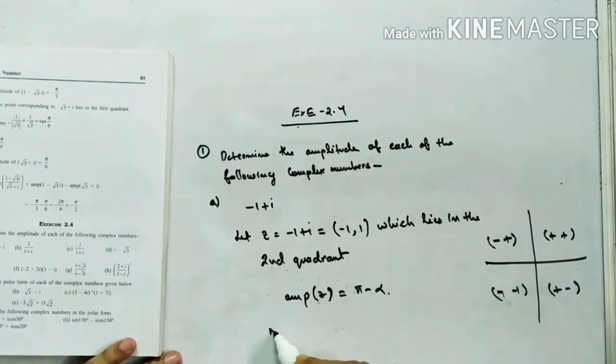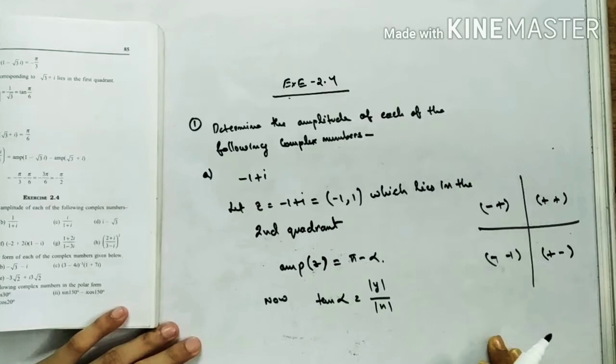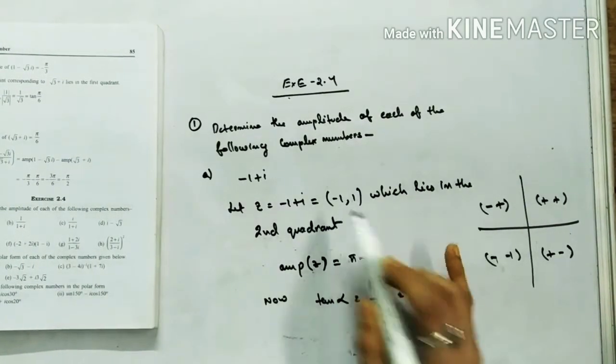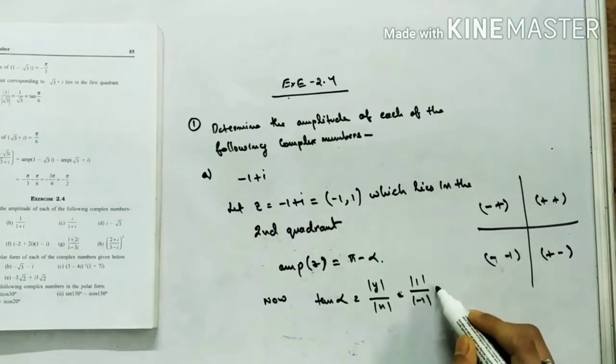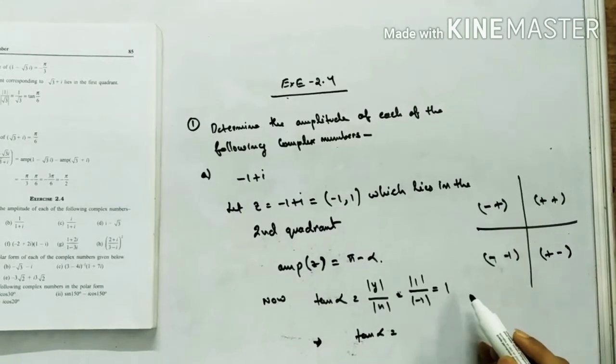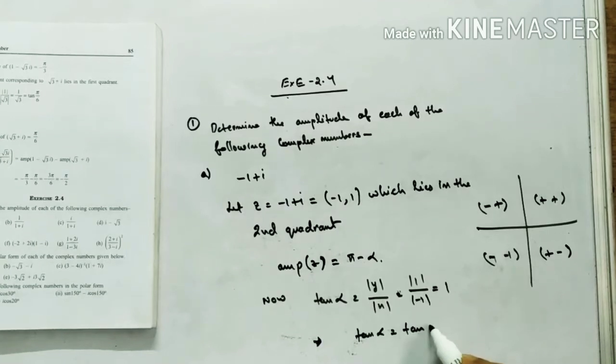Okay. Now, tan alpha is equal to modulus y by modulus x. Okay, this is modulus 1 by, this is y, this is x, modulus of -1. This is equal to 1. So tan alpha equals tan theta, which becomes 1 when theta is 45 degrees.